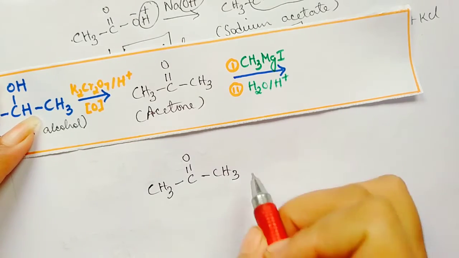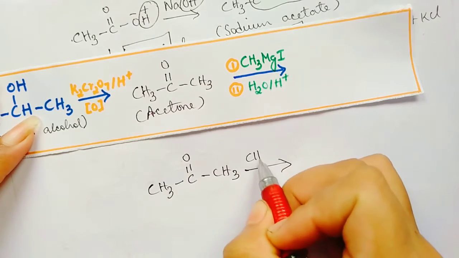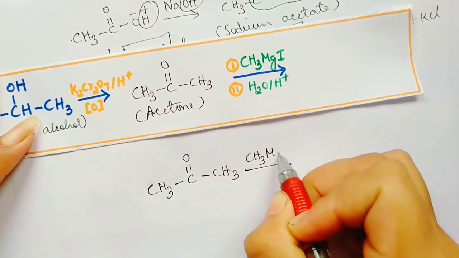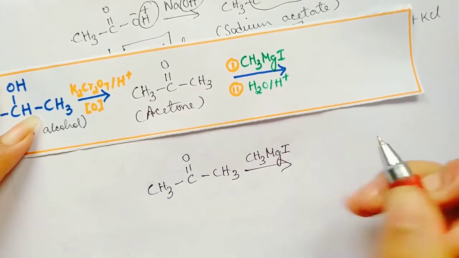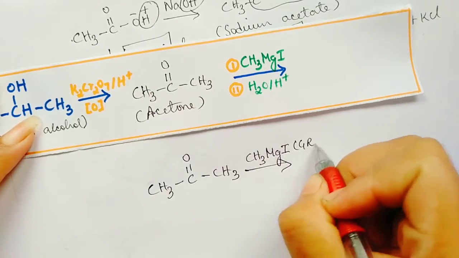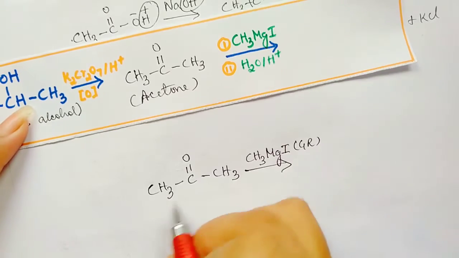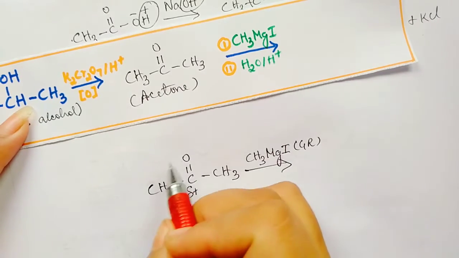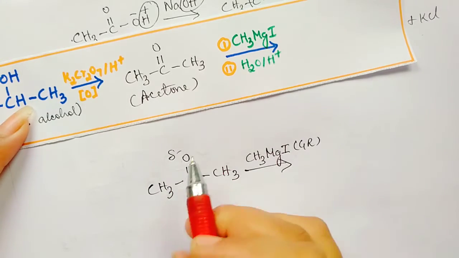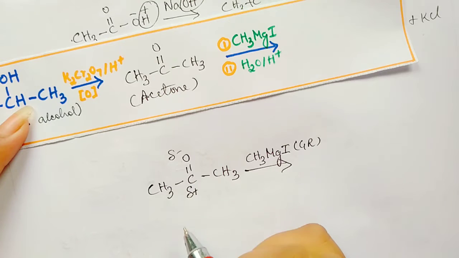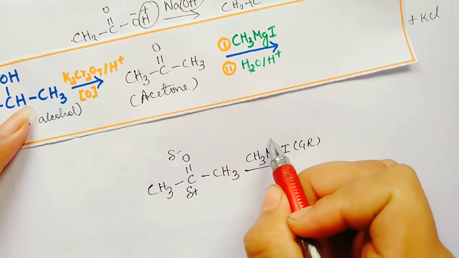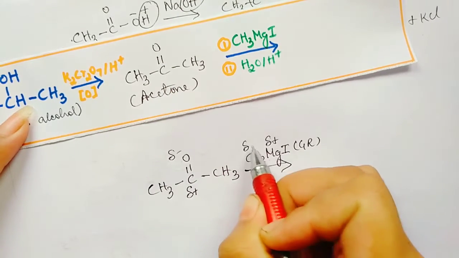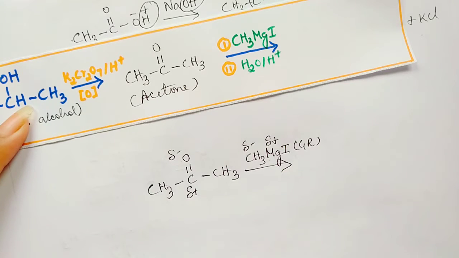Now the first one is with this compound, a Grignard reagent. Remember, in the carbonyl, this part is partial positive and this is partial negative, because oxygen is more electronegative than carbon. This is a metal, so this part is partial positive and this is partial negative.